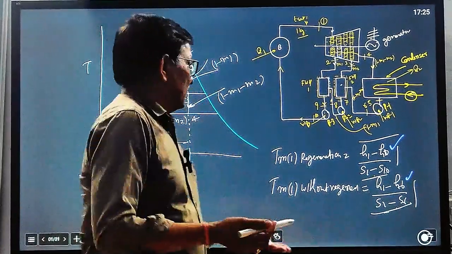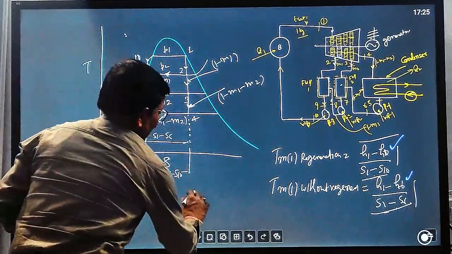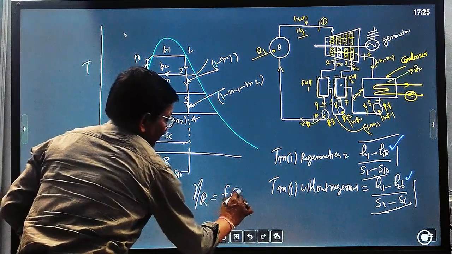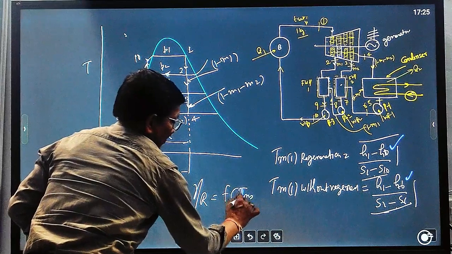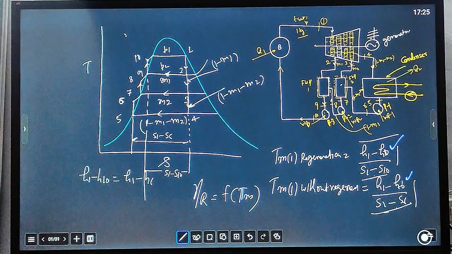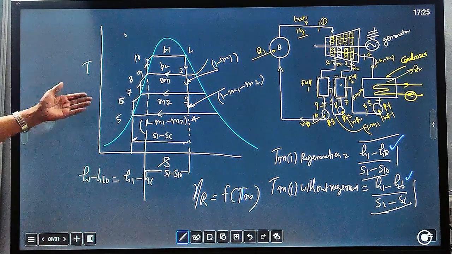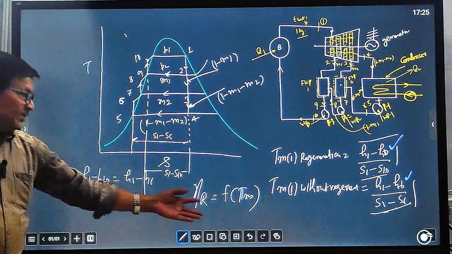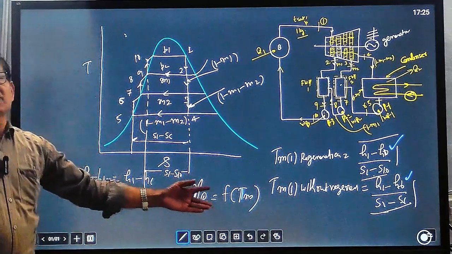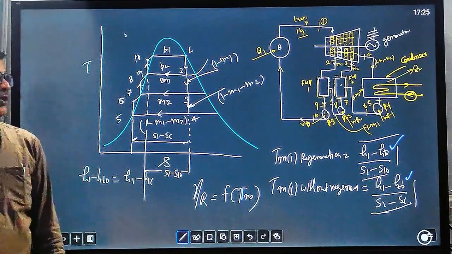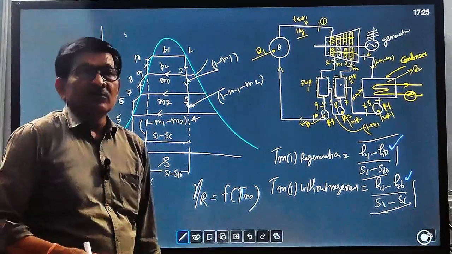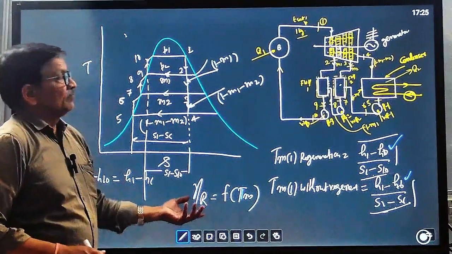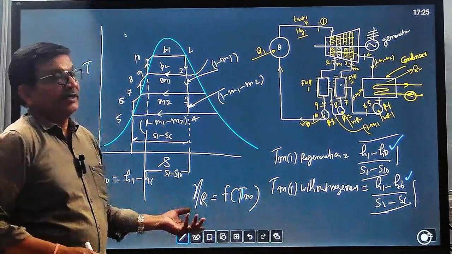Once the mean temperature of heat addition increases, the thermal efficiency increases, since the thermal efficiency of the Rankine cycle is a function of mean temperature. So by regeneration we can more effectively increase thermal efficiency compared to reheating.